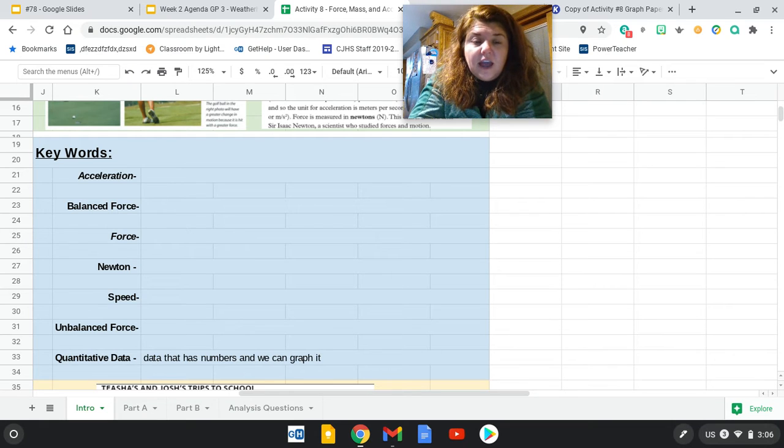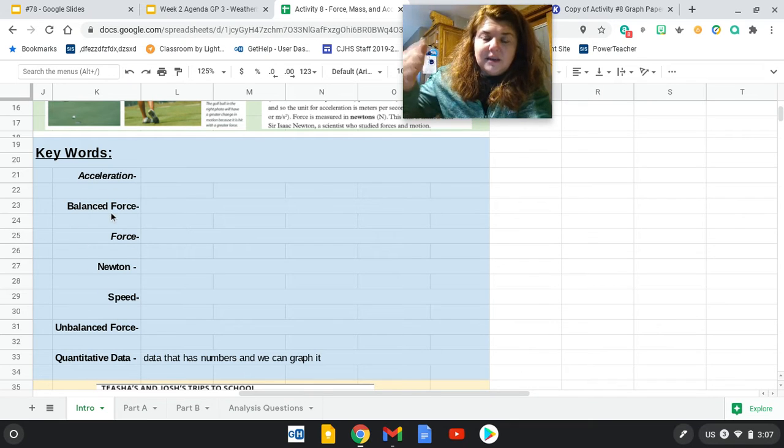We will continue to see these words throughout this unit, and I'm hoping each time that your definition of these terms develops a little bit more and more.